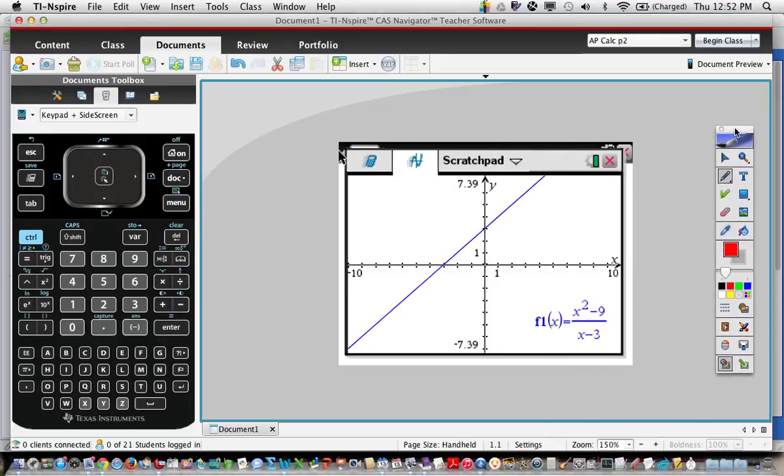A hint: you might want to use control, then the divide sign, which is a great way to put fractions in, because then you don't have to mess with parentheses, especially when you get one with fractions inside of fractions, those common denominator ones that we're doing. Now, we're trying to do the limit of this one as x approaches 3.